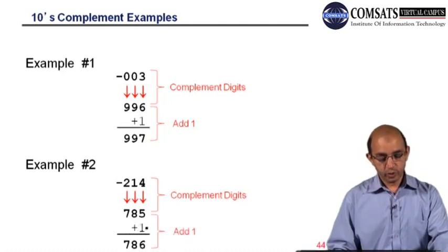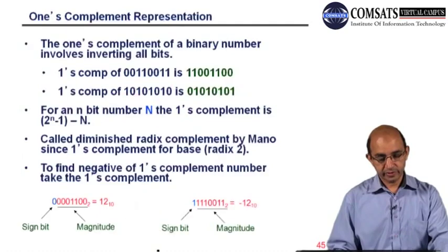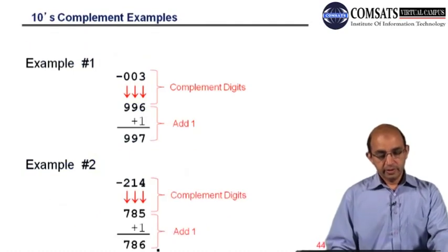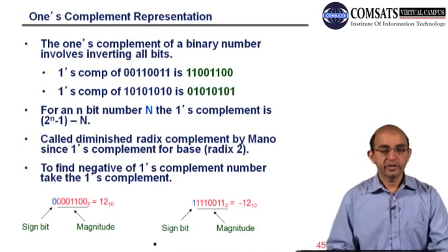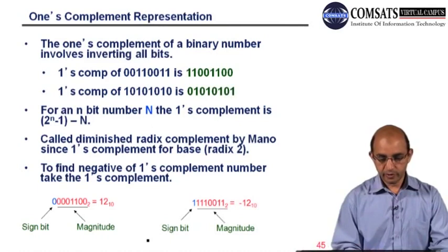Here we have to add 1, so 786. That is the job done. This is the complement whenever we talk about the decimal number system, which is base 10.